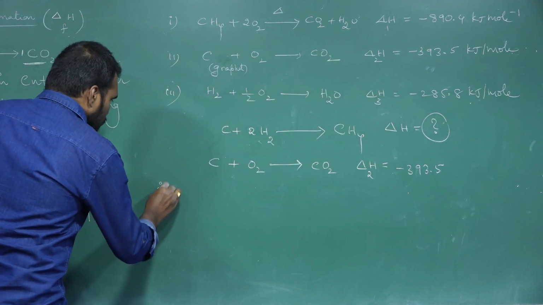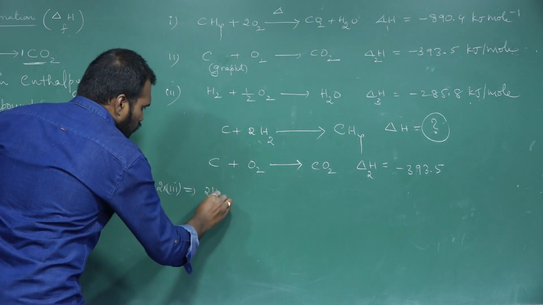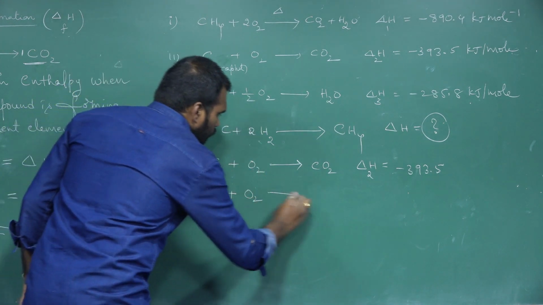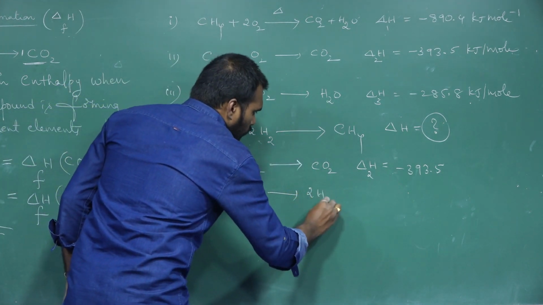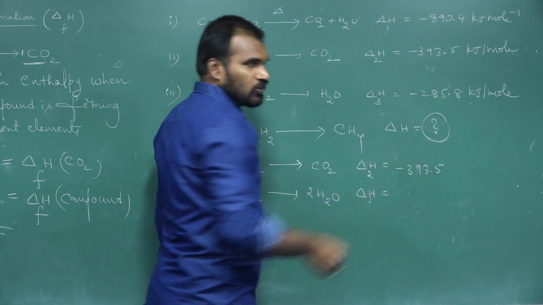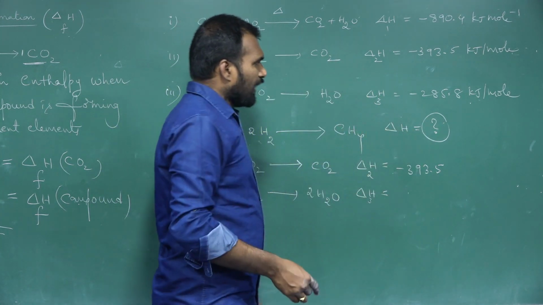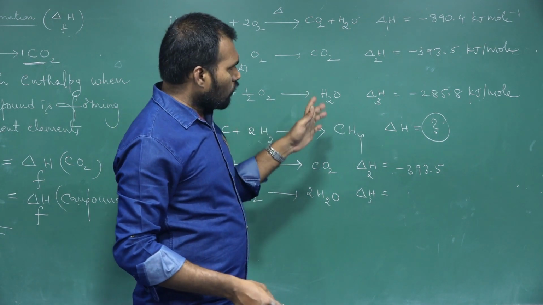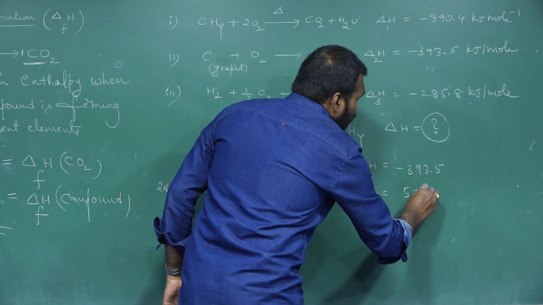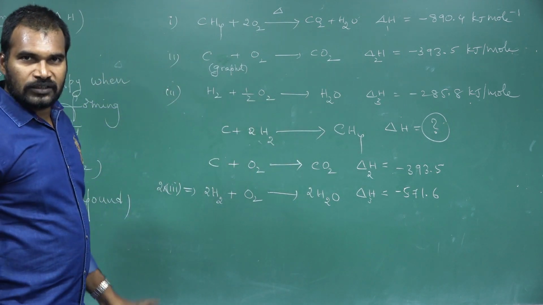So writing the equation: 2H2 plus 2 into half, it becomes O2, gives rise to 2H2O, and the del H3 value also doubles. 285.8 into 2, how much will it be? 571.6. Okay, clear.